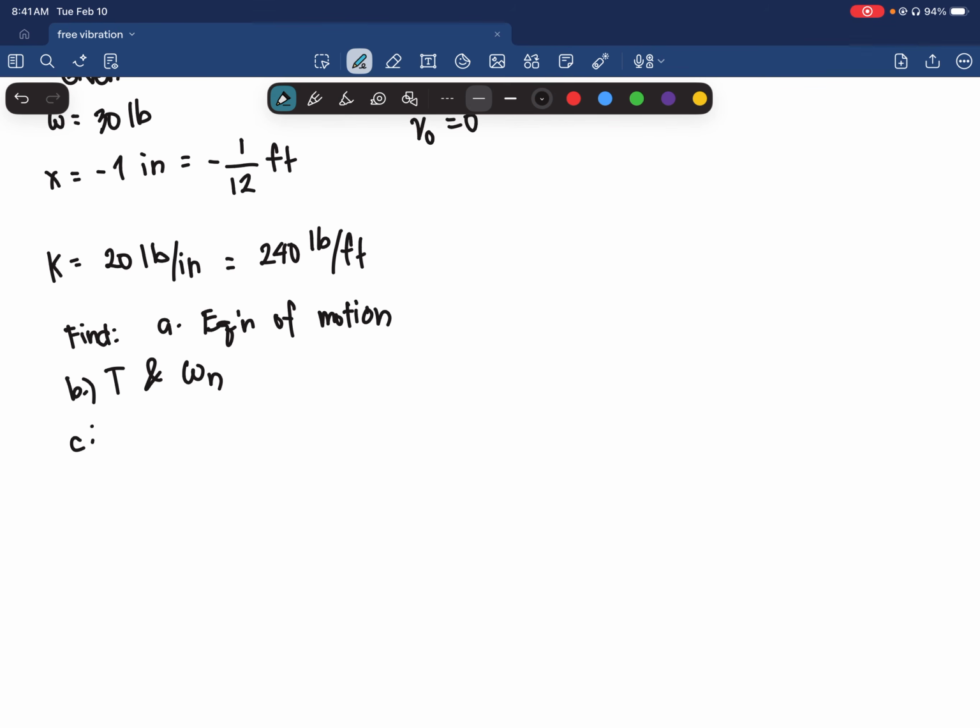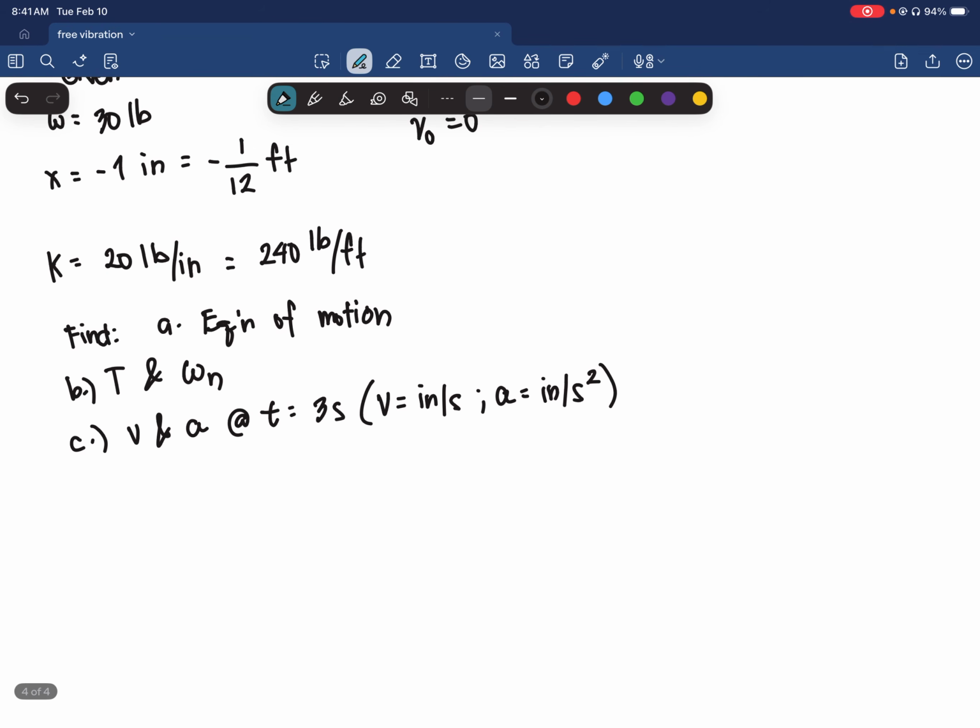B is this, and then C is our velocity and acceleration at time equals 3 seconds. Of course, V equals inches per second, and then our acceleration is in inches per second squared.